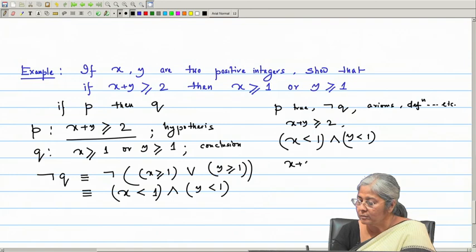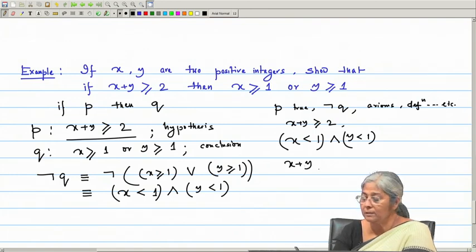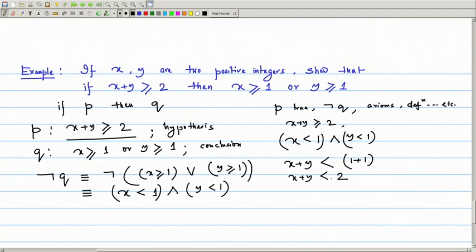What is x plus y? X less than 1 and y less than 1. So, x plus y is less than 1 plus 1, that means x plus y is less than 2. Now, see that P is true. My hypothesis was that x plus y is greater than or equal to 2. And now, from negation Q, we got x plus y less than 2. So, this is a contradiction.